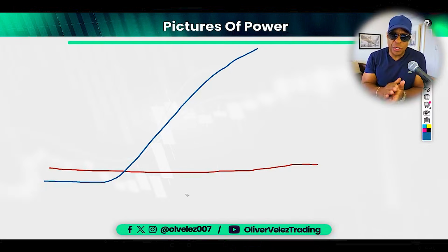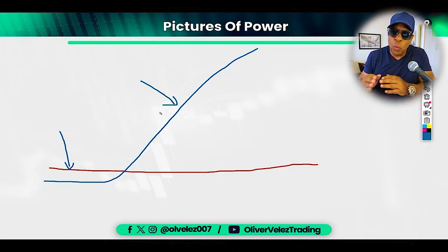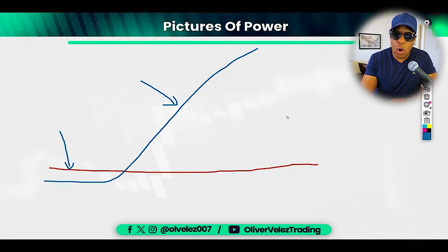This picture that you see right here, where you started flattish and then went to a trending nature where the 20 is separating itself from its parent 200, this is called the bull picture of power.